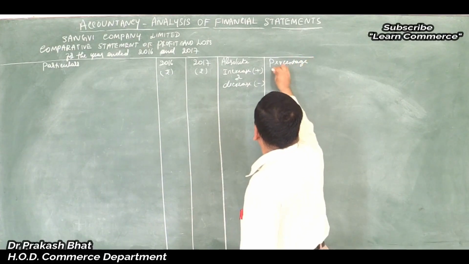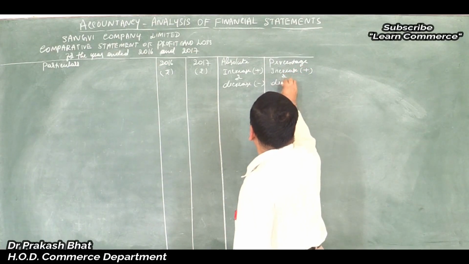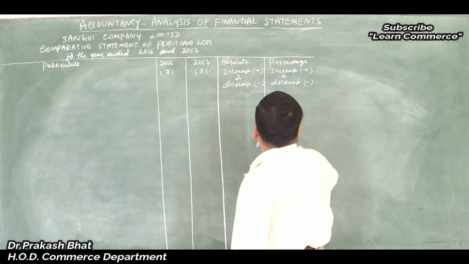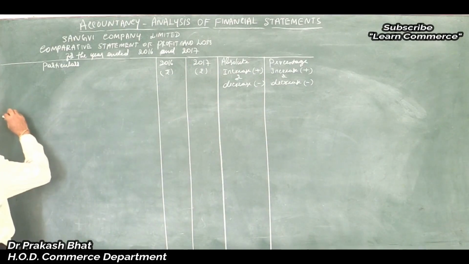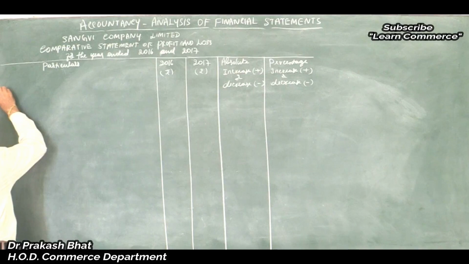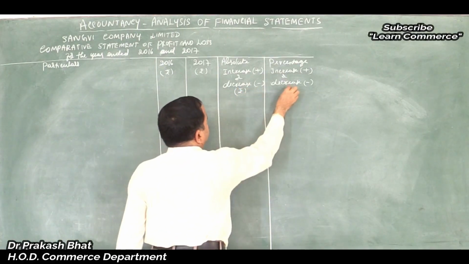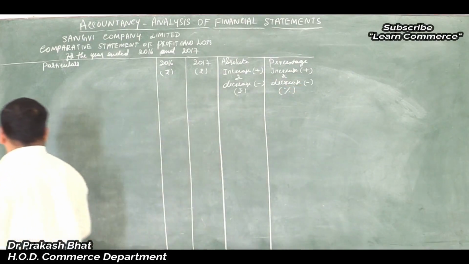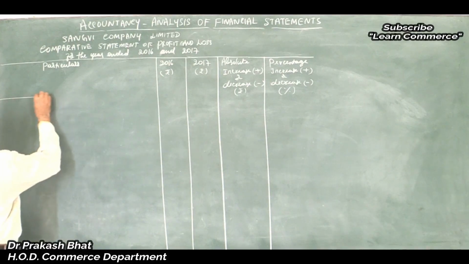Percentage increase or decrease. Decrease minus and increase plus. Clear? Here you can write rupees. Here write percentage. Correct?